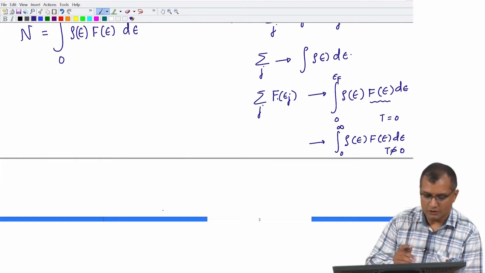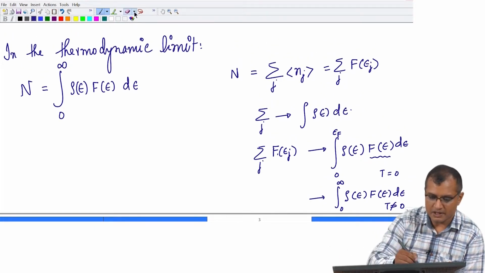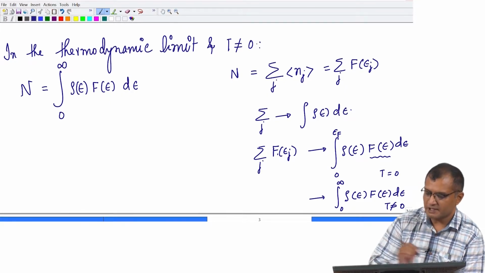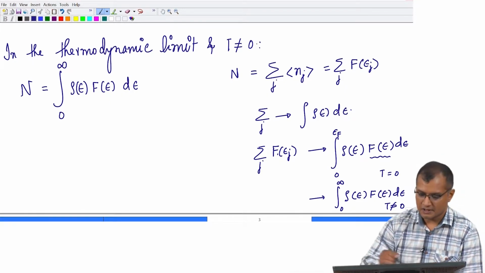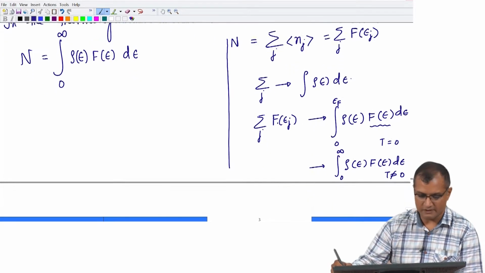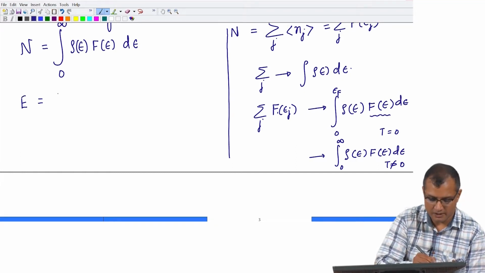Okay. So, since we are going to be interested in temperatures that are non-zero, I am going to write it as thermodynamic limit and non-zero temperatures. I am going to be interested in integrals of this type for total particles and for total energy.